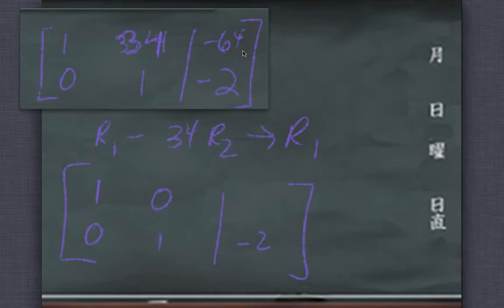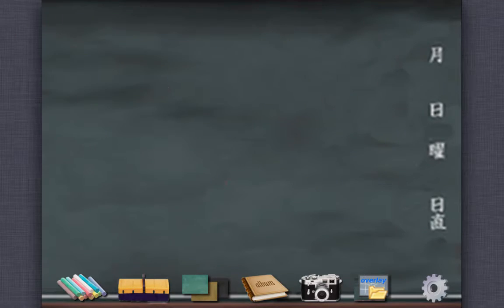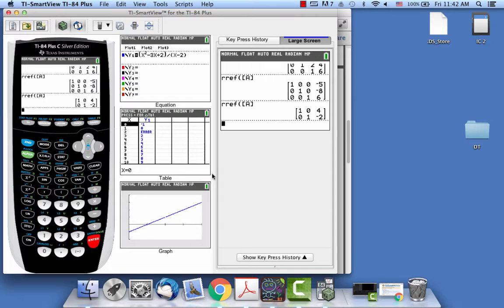So negative 64 minus a negative 68 is 4. Yeah, okay, so that's how we would get the answer by hand. So yes, it was much faster on the calculator.